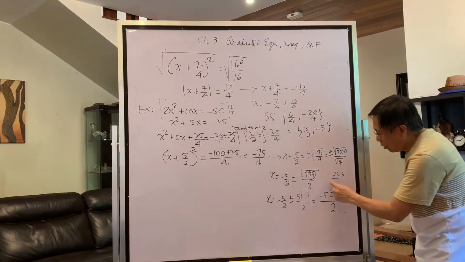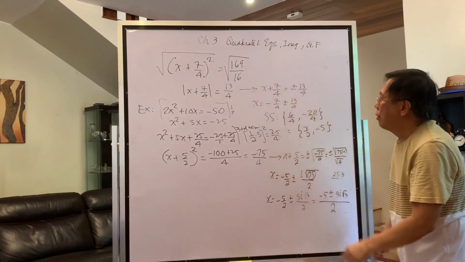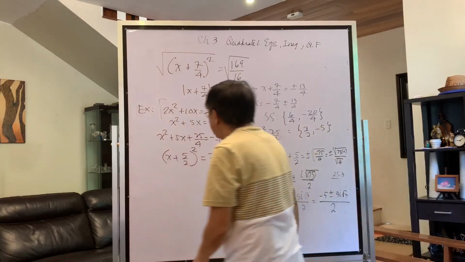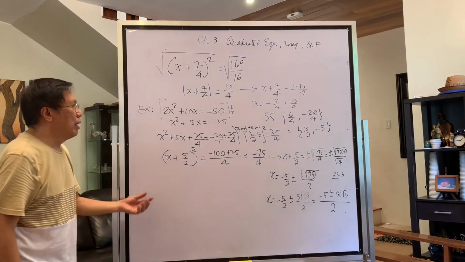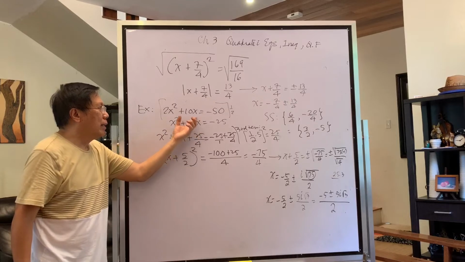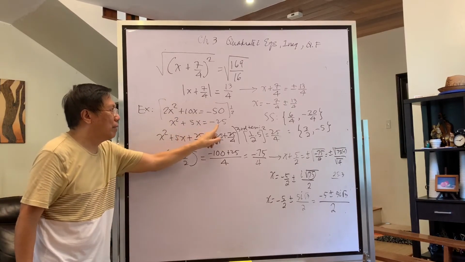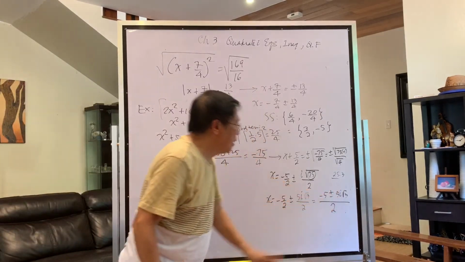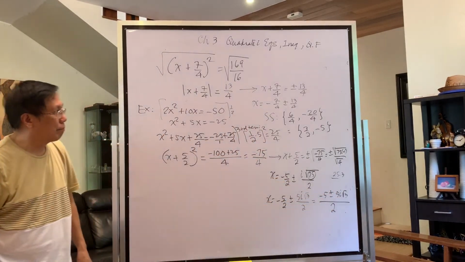These are complex roots of this equation. In other words, there are no real numbers that will make the left-hand side here equal to negative 25. They appear to be imaginary numbers.